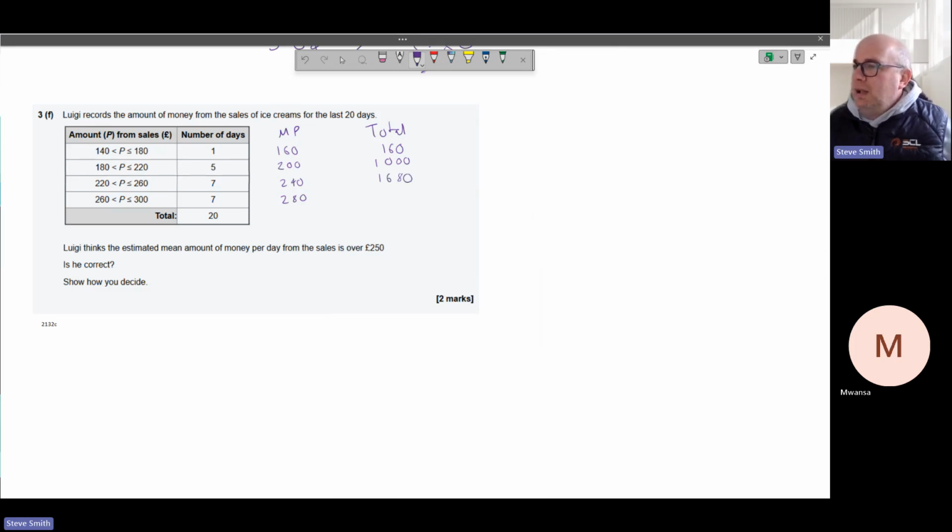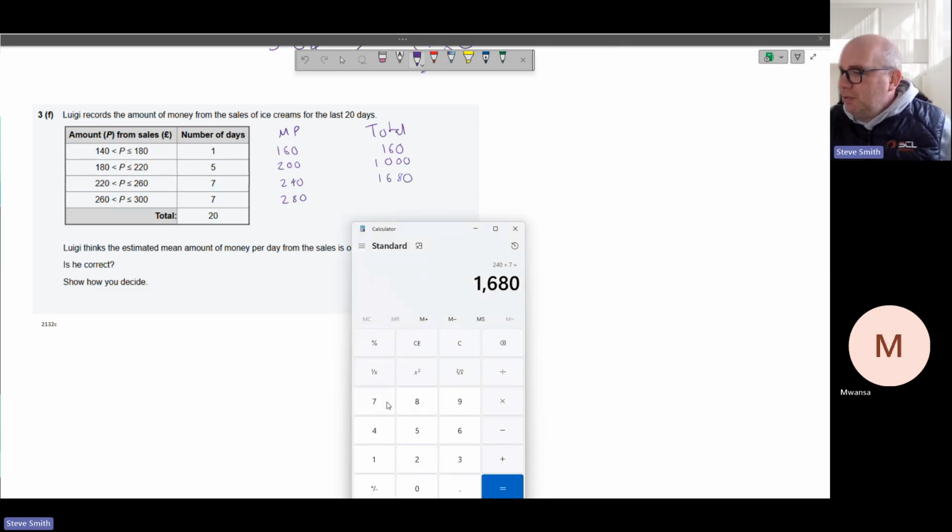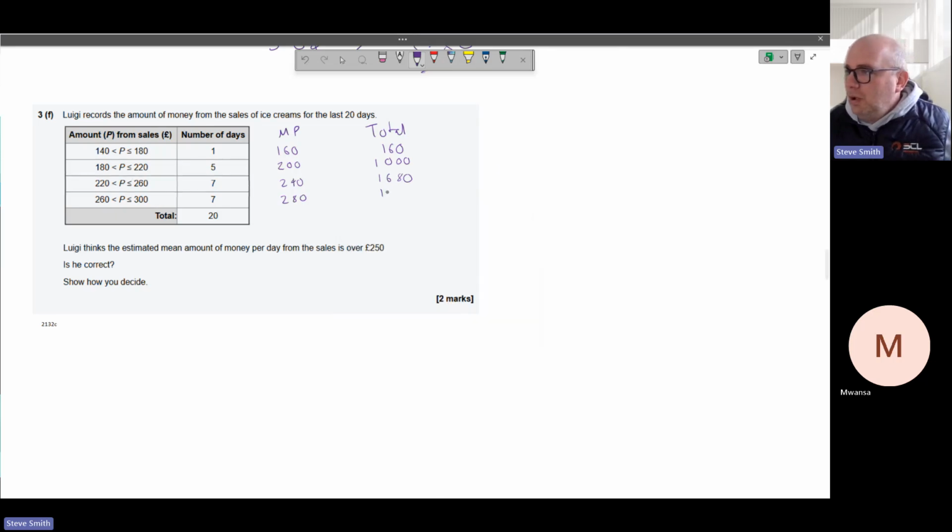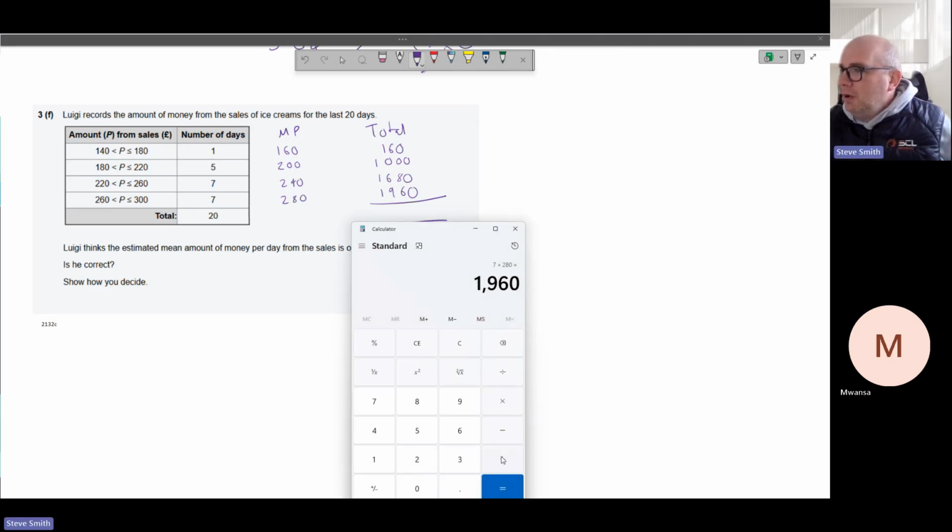And then we've got the other one, 7 times 280, which is 1,960. Add all those up. So add 1,680, add 1,000, add 160, and we've got 4,800.